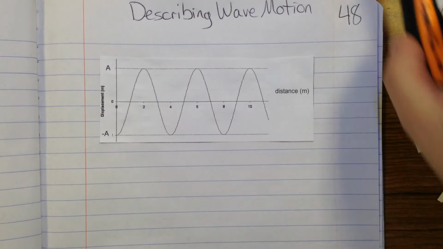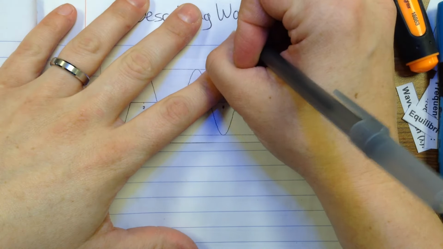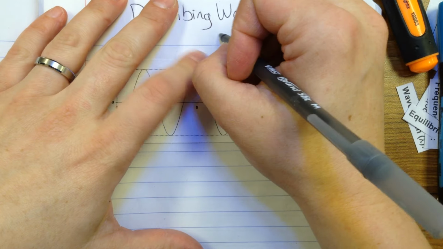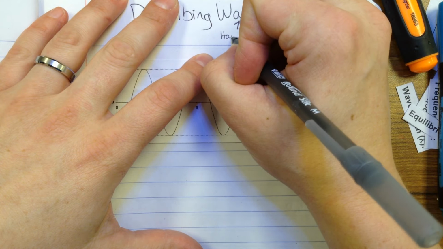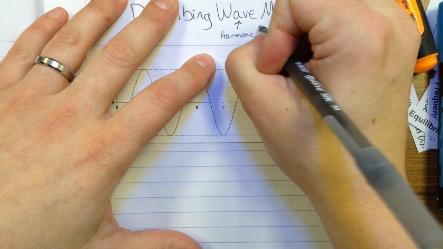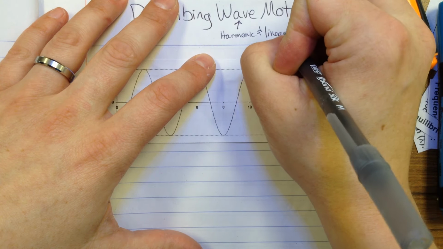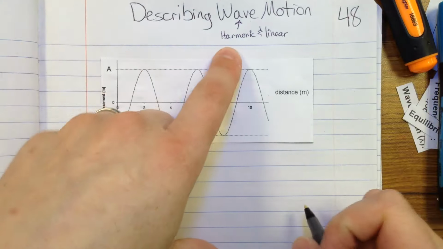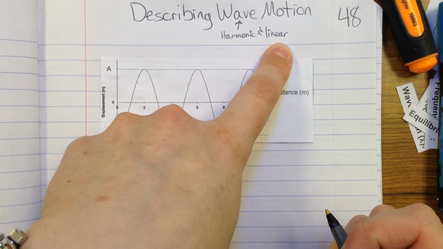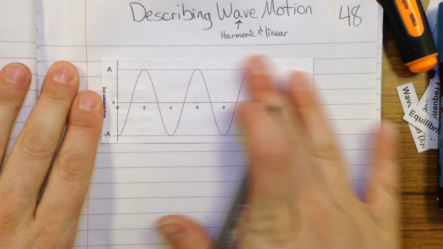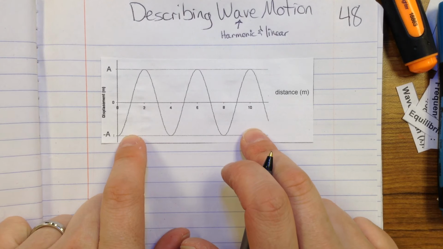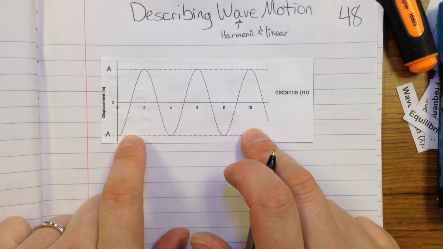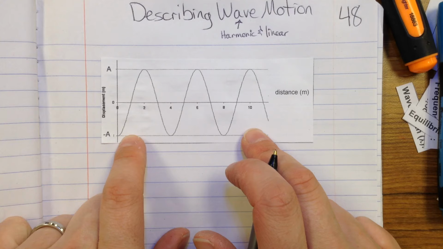Okay, so remember when we're talking about waves, wave motion, this is a combination of harmonic and linear motion. Some things we've learned from harmonic we're going to apply, and some things we learned from linear we're going to apply to describe the motion of a wave. Now, if you look at the graph, you're probably thinking that looks a lot like a harmonic motion graph, right?